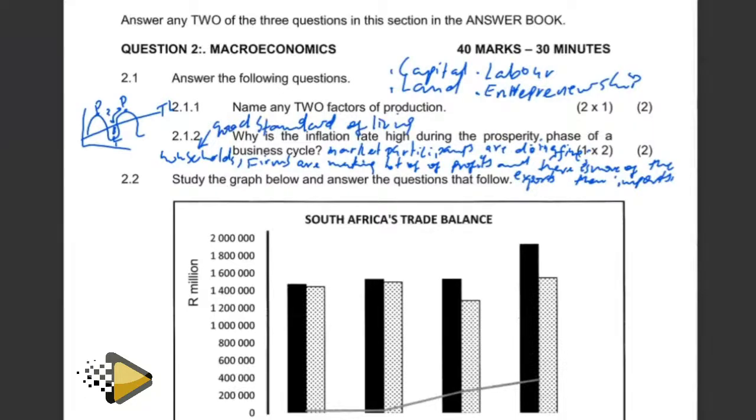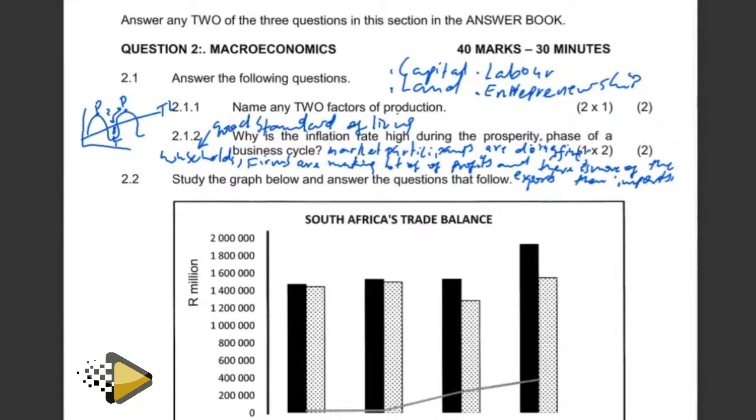And the moment it loses value, it is going to be a struggle on the side of consumers to buy goods and services, because the general prices of goods and services are going to persistently increase, or continuously increase. So it's going to be a challenge for the households as well as the customers to buy goods and services.